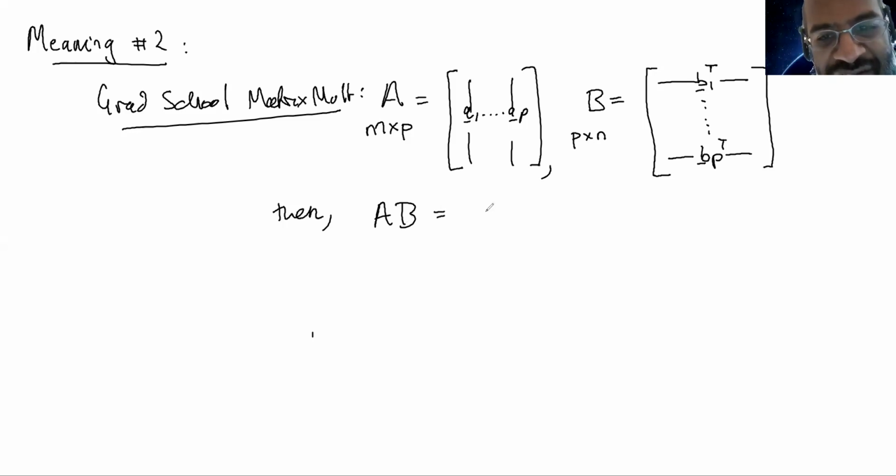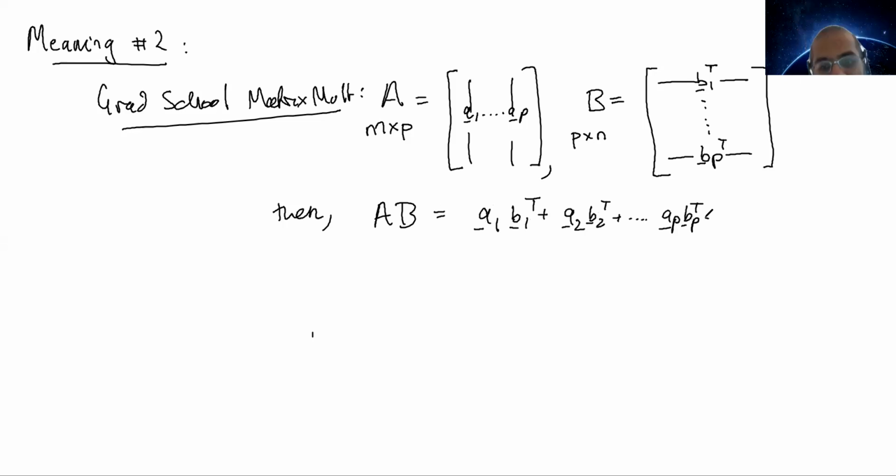Then you can check that this is equal to A1 B1 transpose plus A2 B2 transpose all the way up to AP BP transpose. Okay. So you can check this.